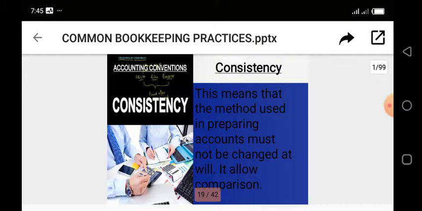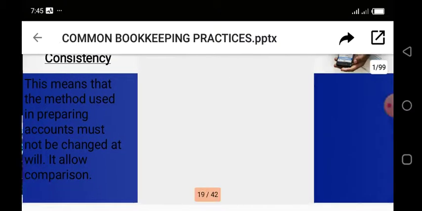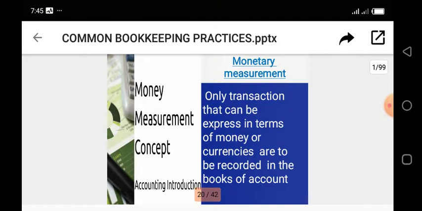So for easy comparison of data, it is good that accountants follow the laid down rule, which we call consistency. The second is monetary measurement, and it says that only transactions that can be expressed in monetary terms should be recorded inside the accounting book.